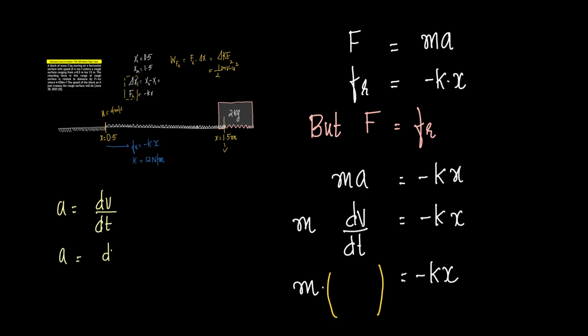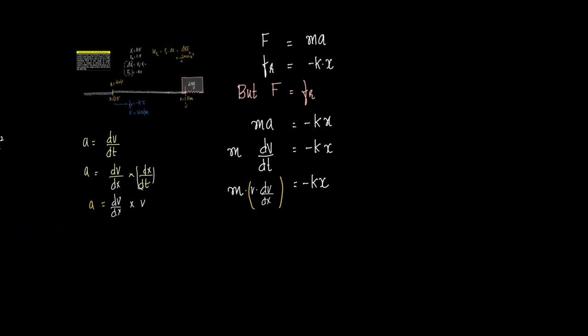Now instead of dv by dt, can I write this as dv into 1 by dt, and then right here dv by dx into dx by dt, right? Therefore this a is equal to, so what is dx by dt? dx by dt is v, and this becomes v into dv upon dx, and therefore we can write that m into v into dv upon dx is equal to minus kx.